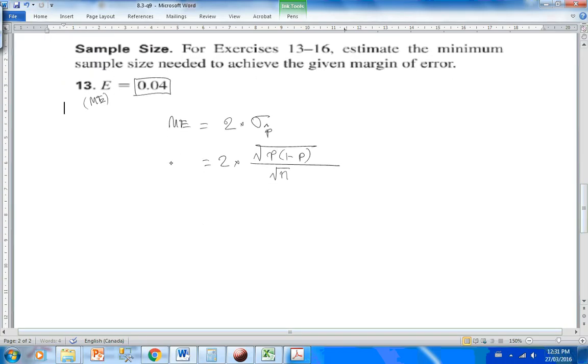So now let us modify this equation a little bit so that we can solve for n. If I multiply both sides by square root of n, I get margin of error times square root of n is equal to 2 times square root of p times (1 minus p).